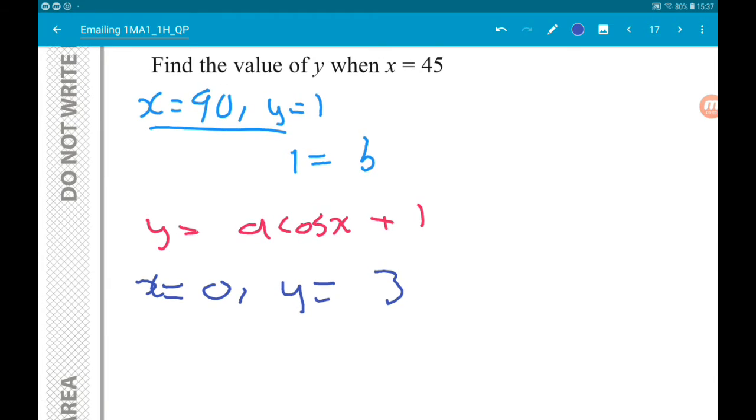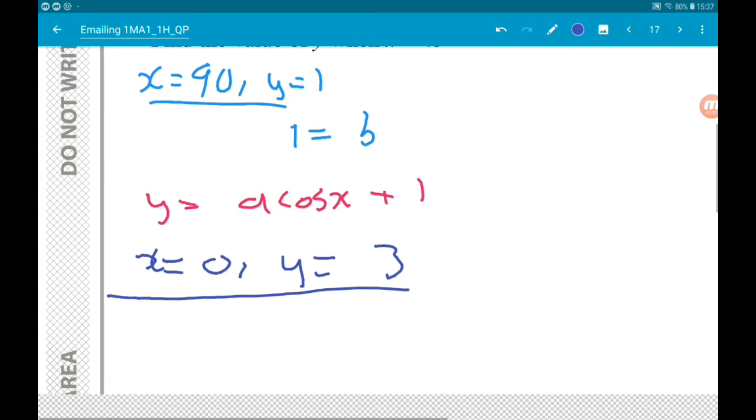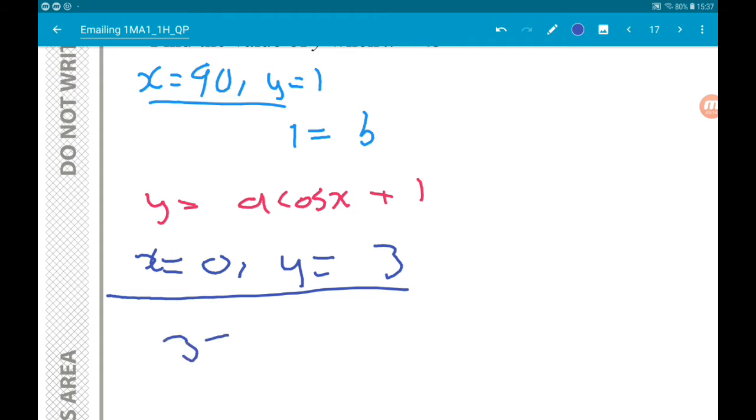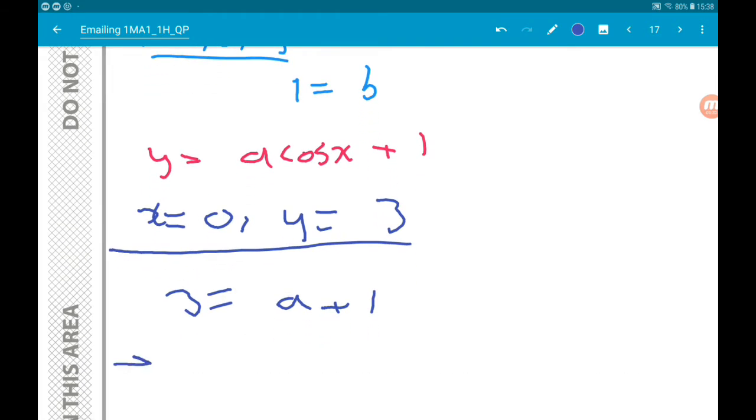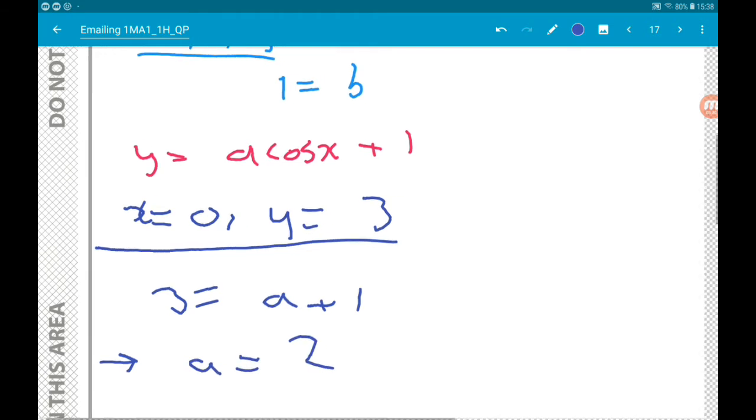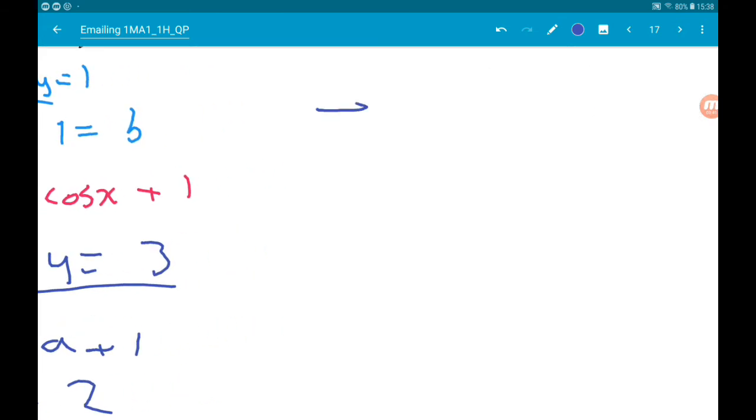That tells us then that 3 is equal to a cos of 0, which is a times 1, so just a, add b, which is 1. So from that, a is equal to 2. So now we know then that y is 2 cos x add 1.